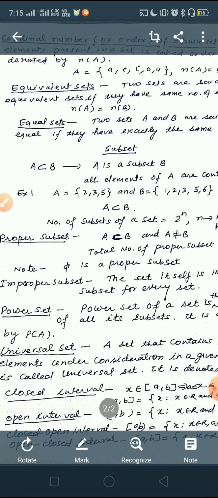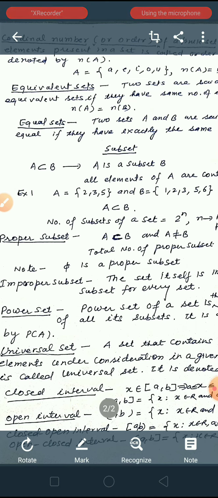Here we can also say that every set is a subset of itself, because this definition is satisfied by every set. If you take A, then you can write A is a subset of A. Why? Because all the elements of A are contained in A. So every set is a subset of itself.